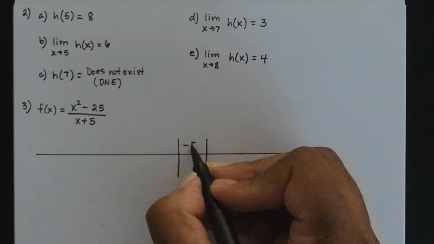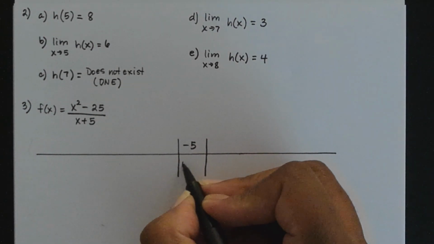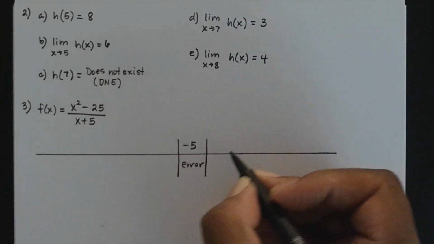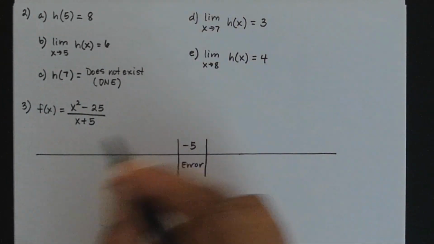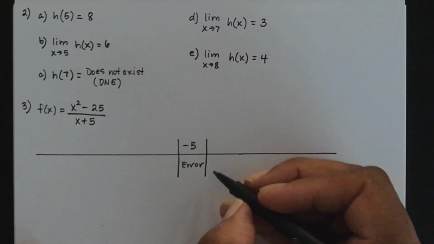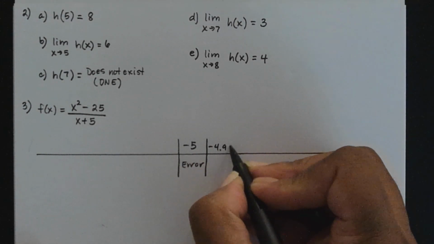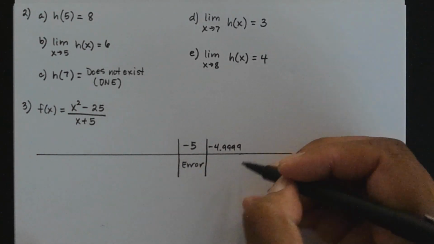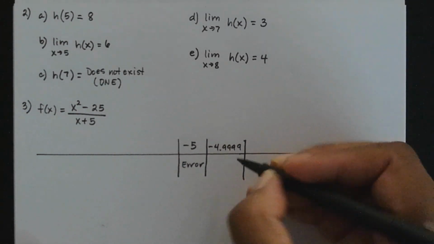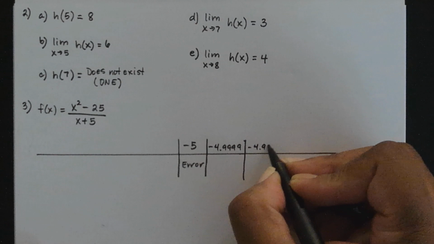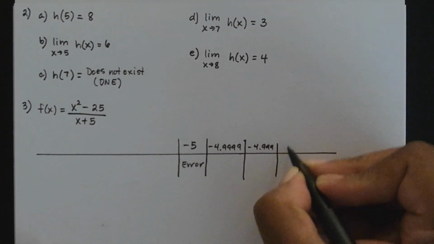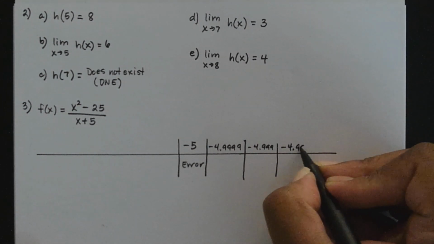So I know at negative 5, there's going to be an error, because we know at negative 5 we'll get a 0 in the denominator. All right, so now let's look at numbers like negative 4.9, then negative 4.99, then negative 4.999, then negative 4.9999.